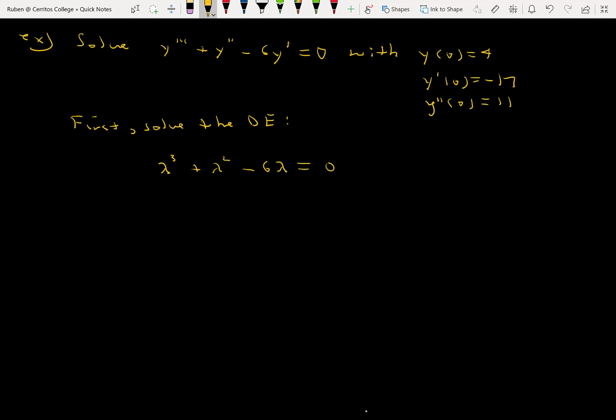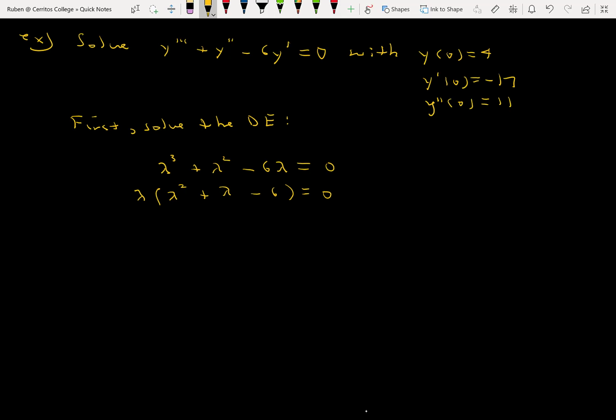Again we have a polynomial equation, so let's solve it. This one's not so hard because there's no constant term on the left-hand side. So we factor out a greatest common factor of lambda: lambda times lambda squared plus lambda minus 6 equals 0.